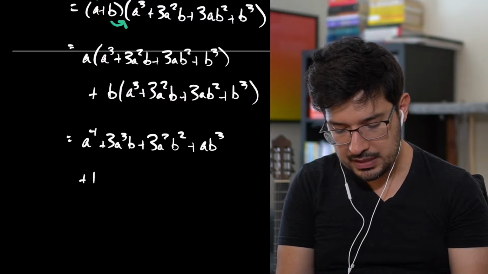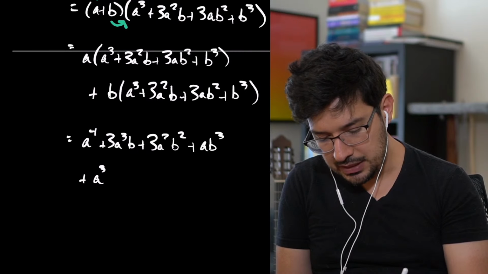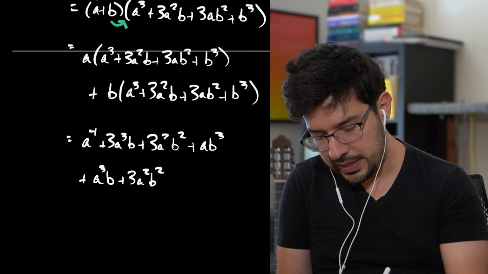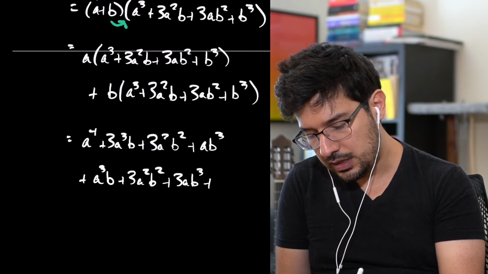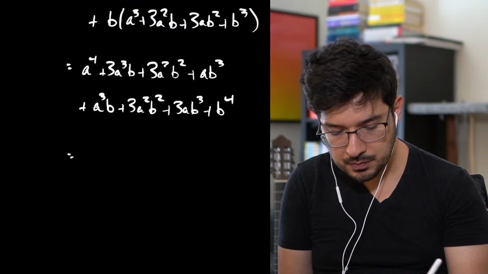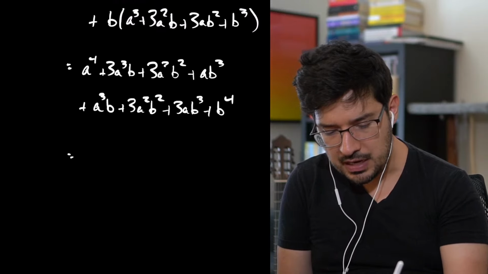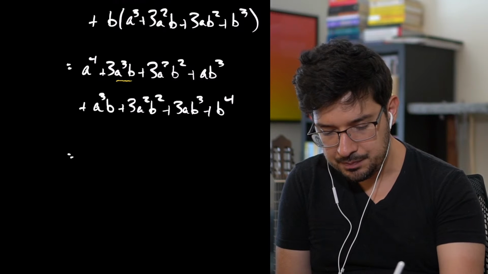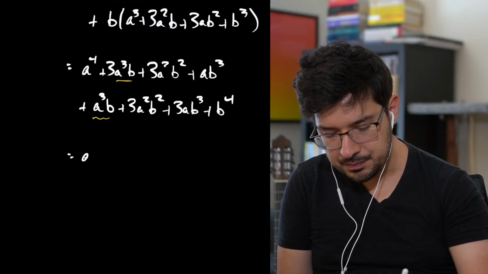Let's go ahead and use commutativity at the same time. So a cubed b, 3a squared b squared, 3ab cubed, and b to the fourth. Now we can combine like terms and find every term with a cubed b, which are these, and group those together.